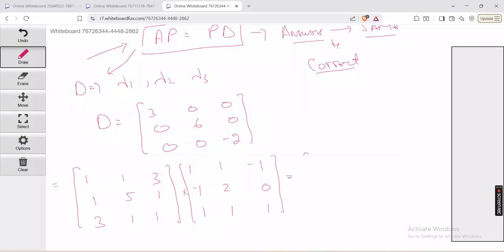Multiply them. Once you multiply them, you will get the matrix 3, 6, -2, -3, 12, 0, 3, 6, 4.